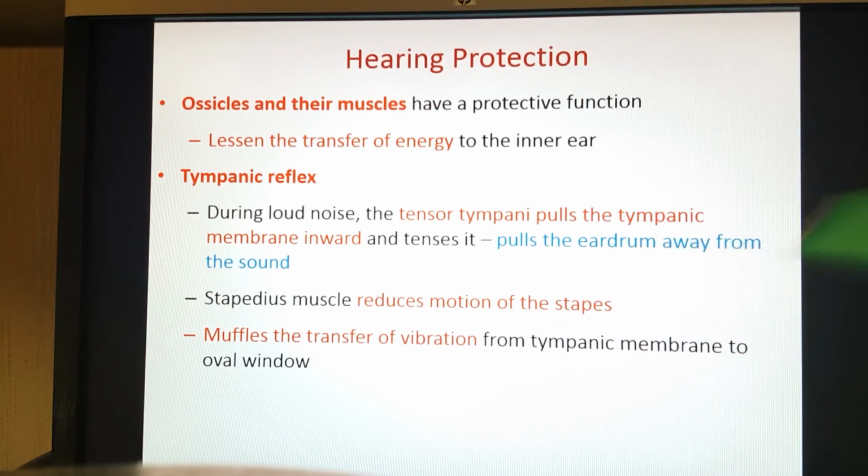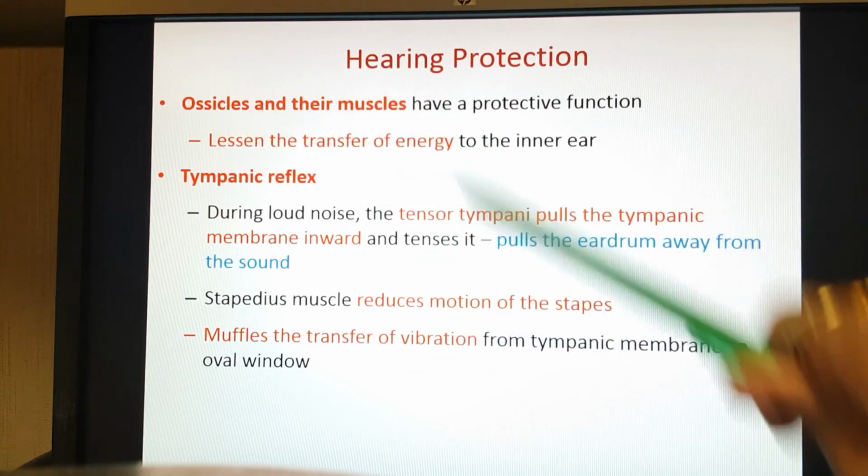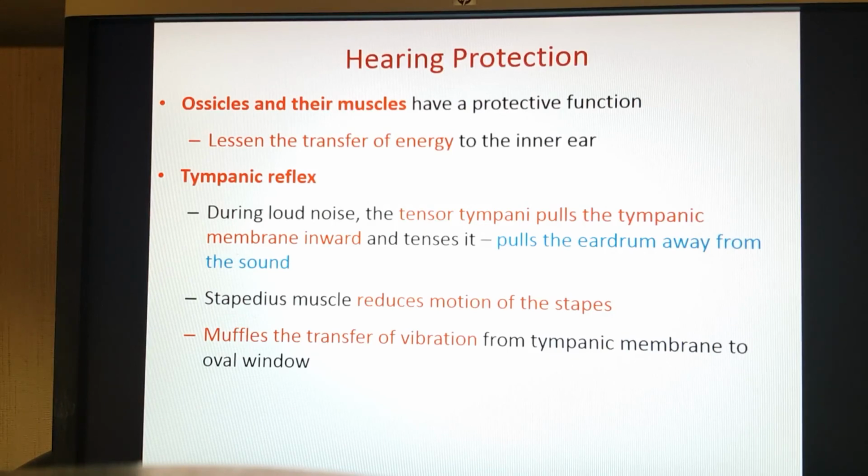Other reflexes, part of your tympanic reflex, reduce the motion of your stapes, which is one of your inner ear bones, so less transfer of energy. And it helps to prevent the vibration from transferring to that oval window towards your cochlea. So it just prevents that information from getting into your brain.